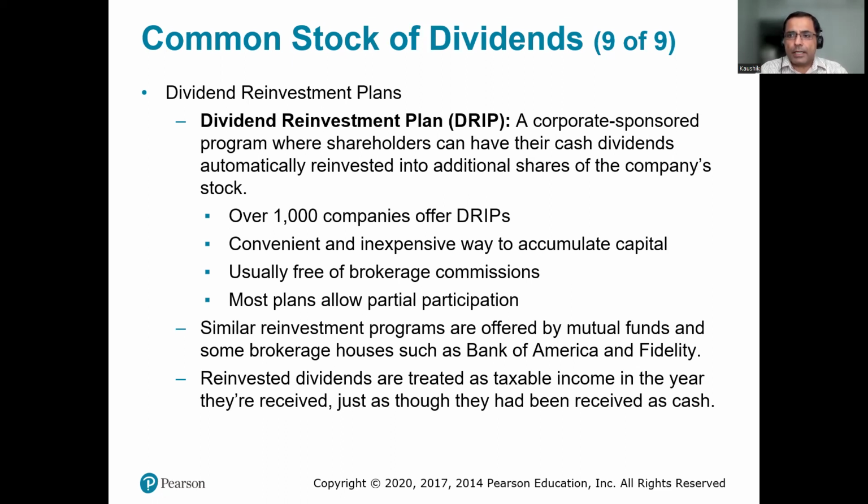Here, there is a tax liability because the assumption is the shareholder has received cash in their hands, which will be taxable. They have invested the cash in the company. So the reinvested dividends are treated as taxable income because it is based on cash received in the hands of shareholders.